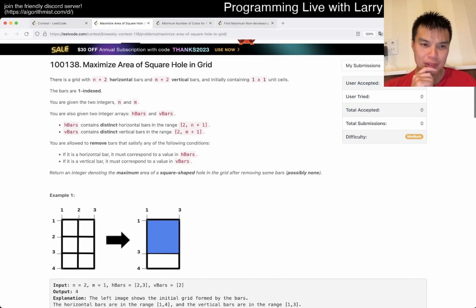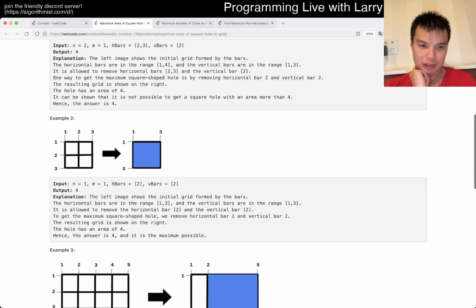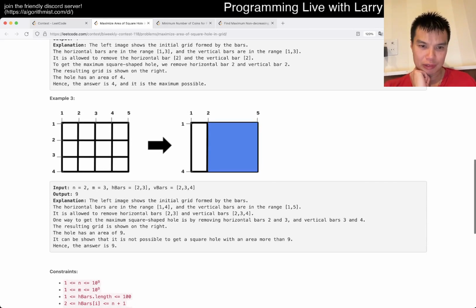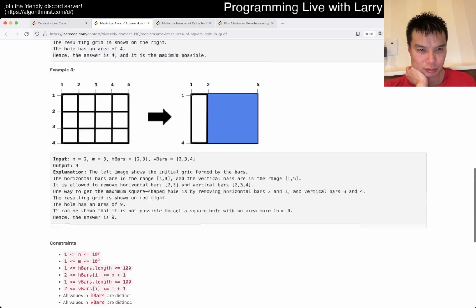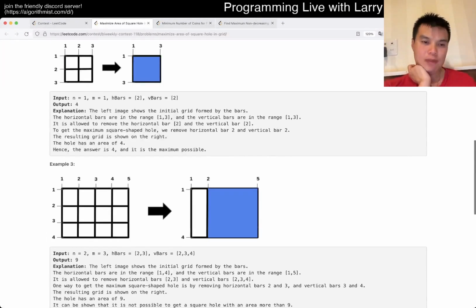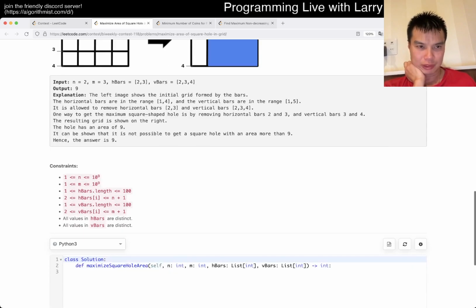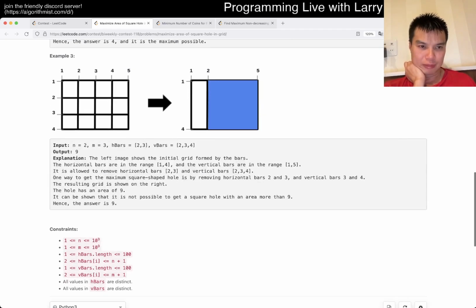What is H bar? Okay, so you could remove these or not remove these. Okay. Remove 2, 3, and 2, 3. So removing 2 of the same will give you 4 next to it. So then it's consecutive numbers. Is that it? Do we even need N and M?